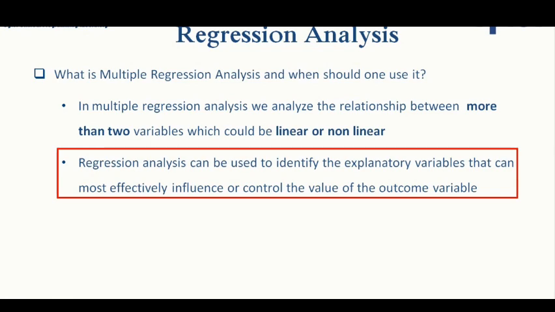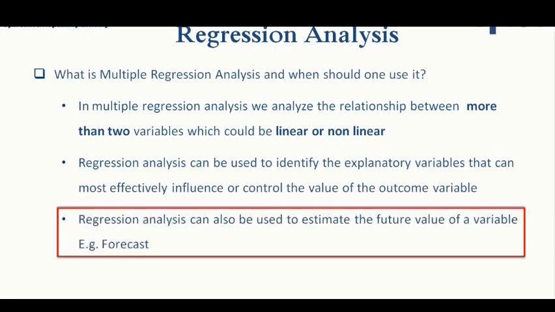Regression analysis can be used to identify the explanatory variables that can most effectively influence or control the value of the outcome variable. The objective of multiple regression analysis is also the same as that of simple regression. We would like to estimate, predict or forecast the dependent variable given the values of the independent variables.